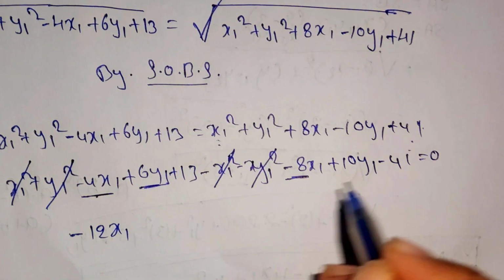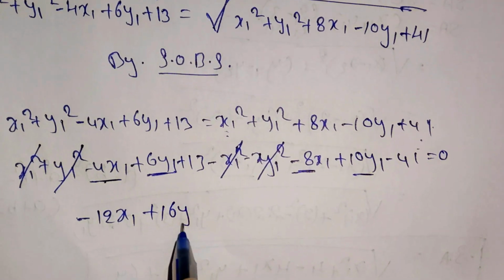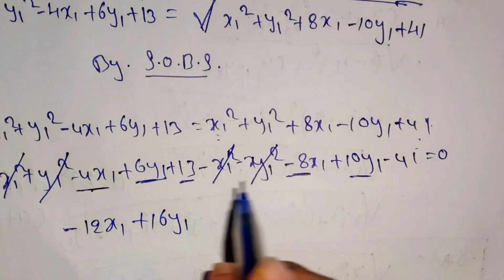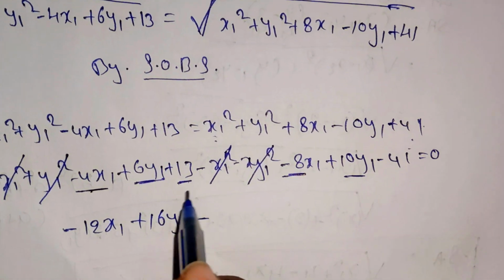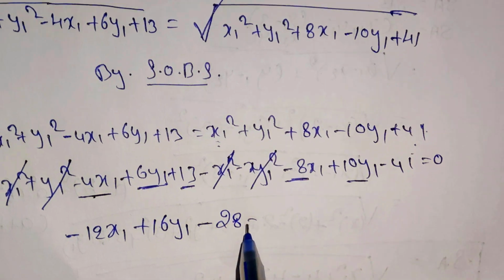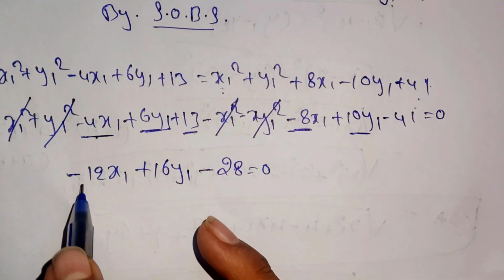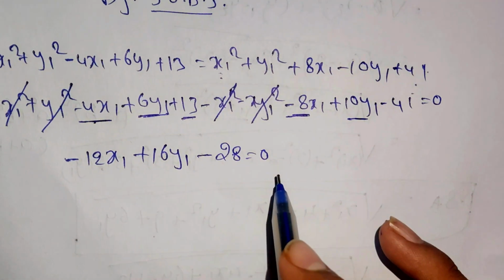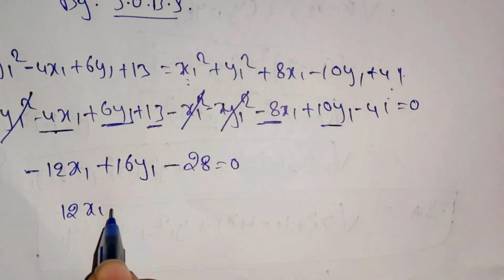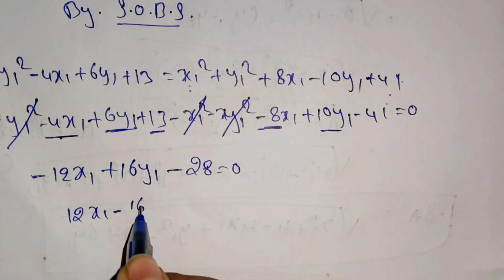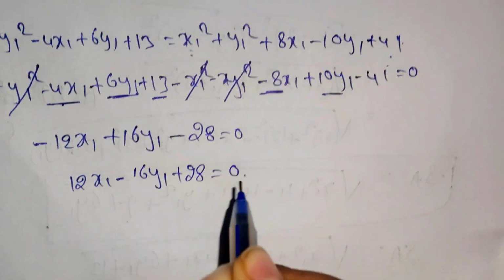Here 6y1 and there 10y1, plus 16y1. Here plus 13 and there minus 41, so the value is minus 28 equal to 0. Now minus will be common and is sent to the right side of the equation: 12x1 minus 16y1 plus 28 equal to 0.